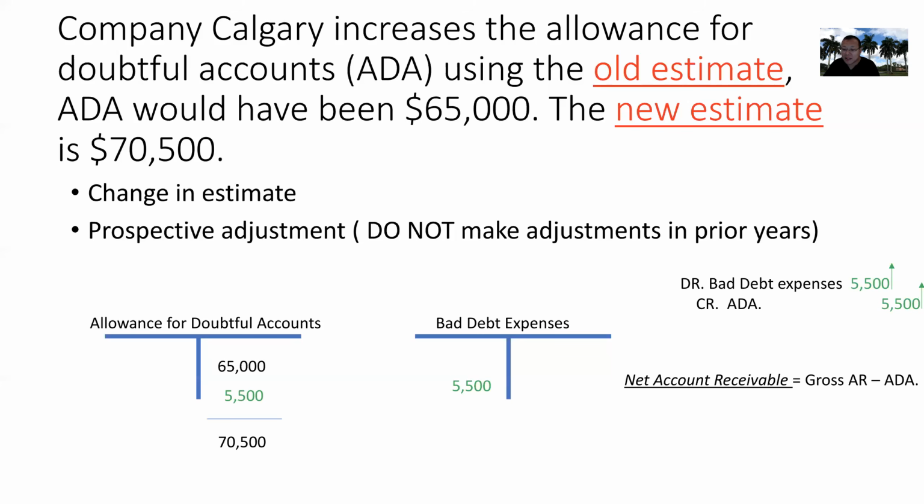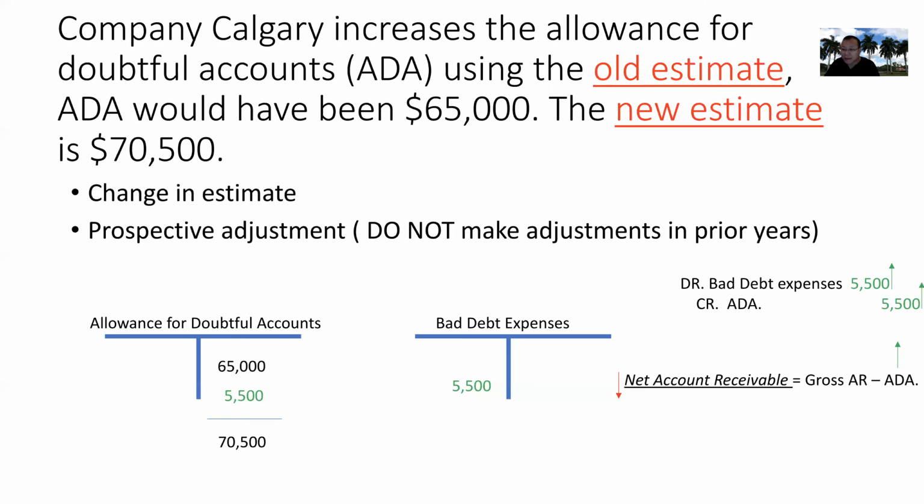So we know that net account receivable equals gross accounts receivable minus allowance for doubtful account. So if my allowance for doubtful account increased by 5,500, my net account receivable will decrease by 5,500. So my asset decreased by 5,500.